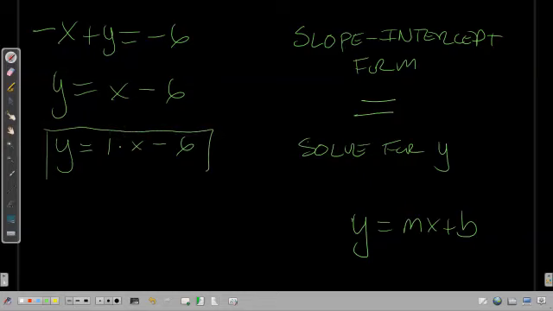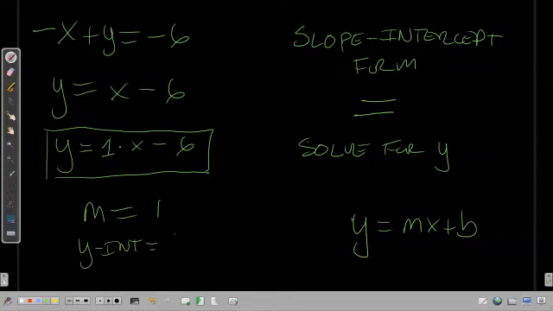The only reason I am writing that right here is to make sure that you know there is a coefficient in front of that x, and that coefficient is 1. So our slope is 1. Our y-intercept is the ordered pair 0, minus 6.